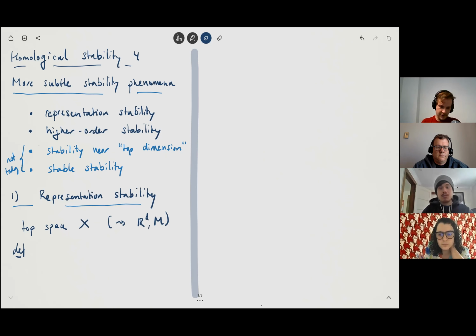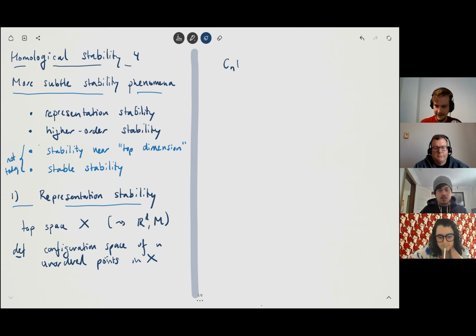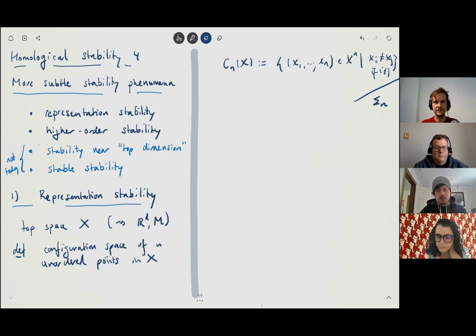Okay. So the configuration space of n unordered points in X, which we'll denote by C_n of X, will be given by n-tuples of distinct elements up to the action of the symmetric group, which permutes them.